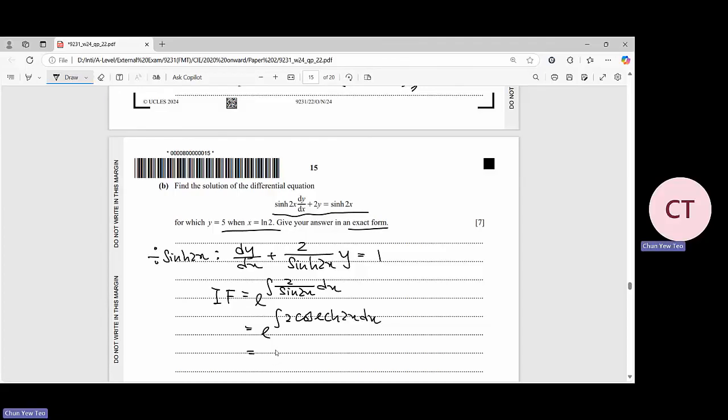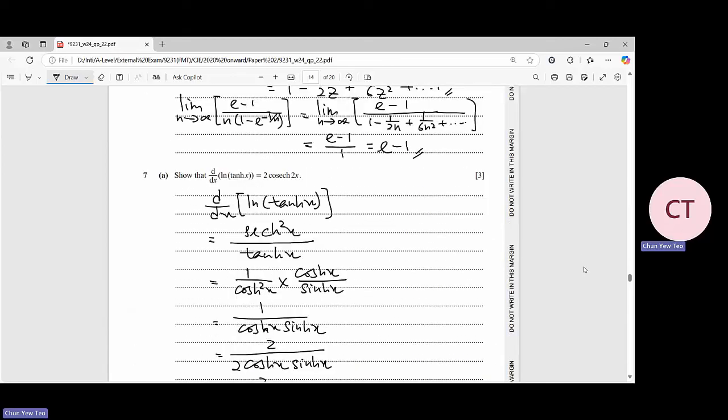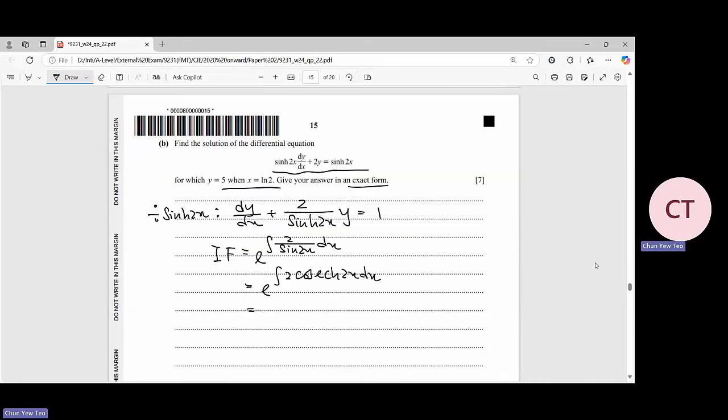And from part A, we know that differentiating ln tan x gives you 2 cosec 2x. So that means integrating 2 cosec 2x will give you e to the power ln tan x, which is the same as tan x. Okay, tan x.